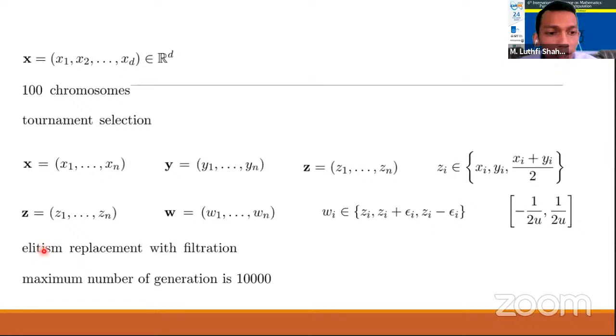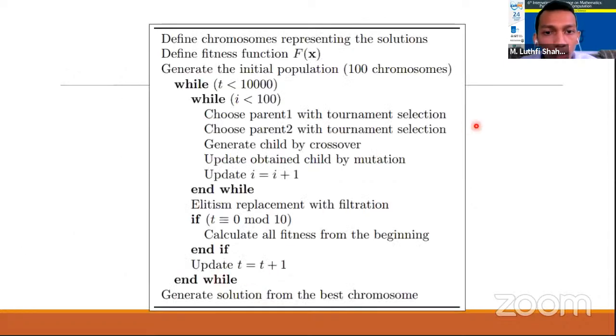After that, we use elitism replacement with filtration for choosing the best 100 chromosomes for the next generation, and the maximum number of generations in the genetic algorithm is 10,000. This is the step for our proposed genetic algorithm.